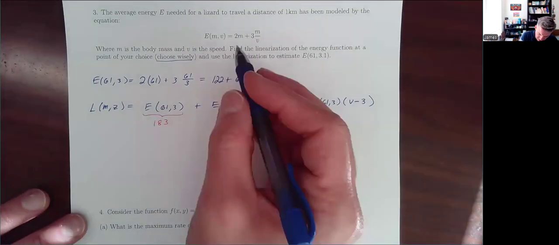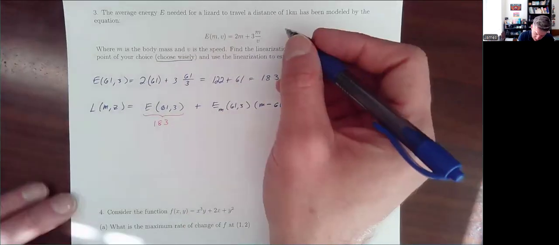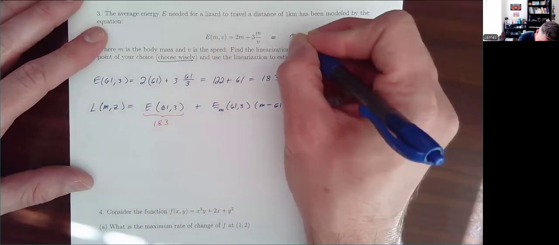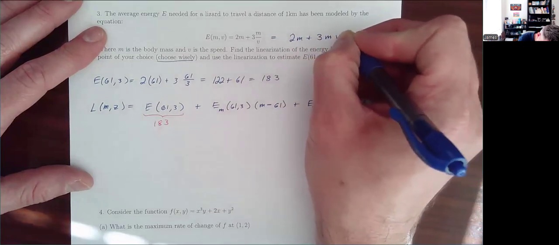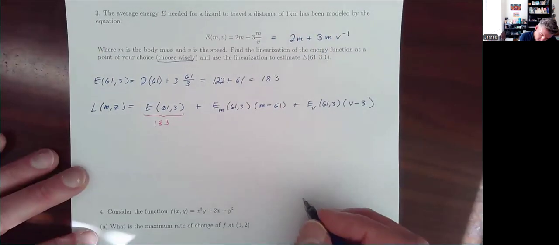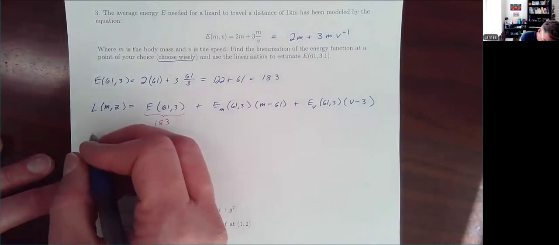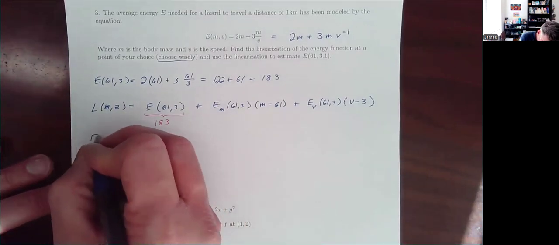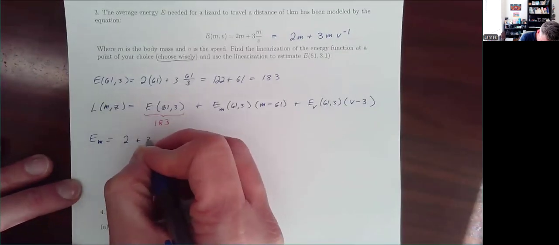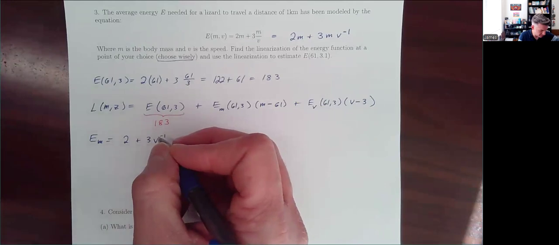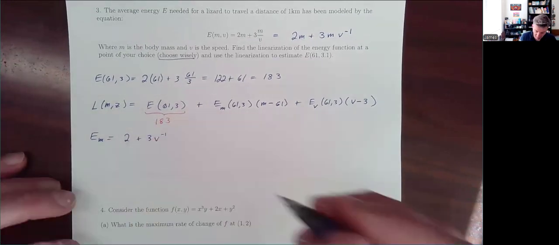So the partial with respect to m, and I would probably rewrite my equation here as 2m plus 3 times m times v to the -1. So my partial with respect to m is going to equal 2 plus 3 times v to the -1, or if you prefer, 2 plus 3 divided by v.